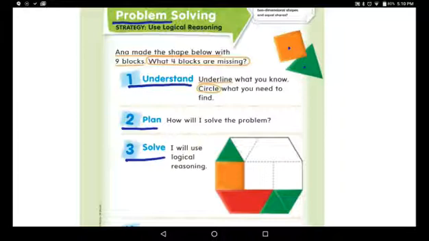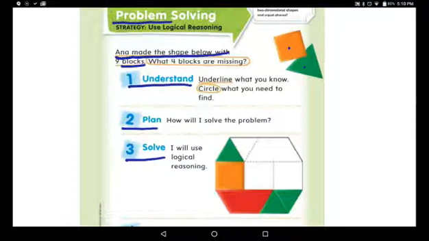So let's underline together what we already know. Anna made the shape below with 9 blocks. So we already know that Anna used 9 blocks to make this shape below. Now I need to circle what we do not know. What we need to find? We need to find the number of blocks that are missing.